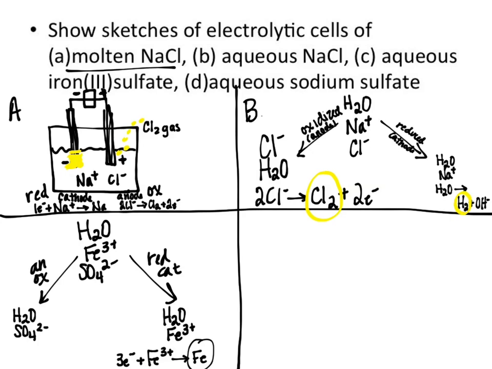So which one is it going to do? Water. And this time, water is being oxidized, so we're going to produce oxygen. So we're going to have oxygen bubbling out, and then on the electrode we'll produce iron.